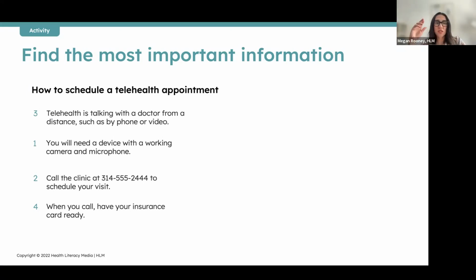So that allows you to just understand what it is and to understand if you can even do it. Do you have a camera and a microphone? And then here's the action step, how to do it. And then a little bit of a tip for when you call to have your card ready.